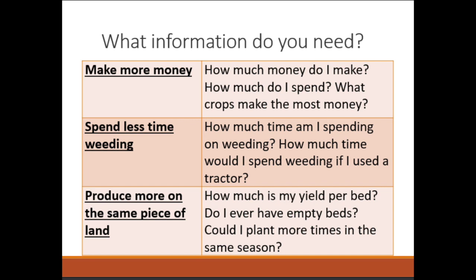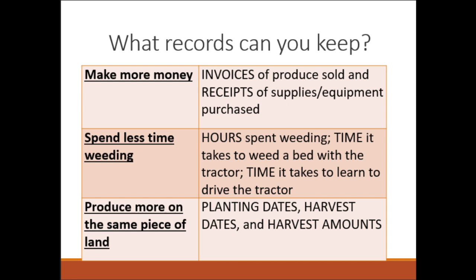So you all have your goals in front of you, and I have a couple of records this year that I would like everyone to keep, and I'm hoping we can keep them on the app once we get it set up. But I also think it's important to make records that are important for you. So based on your goals, what are some records that you want to keep to get the information that you need to know?